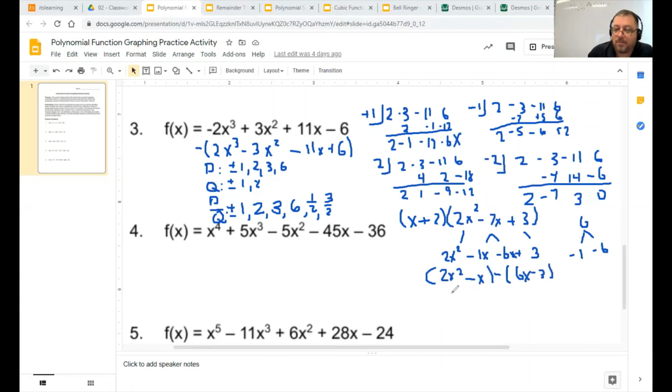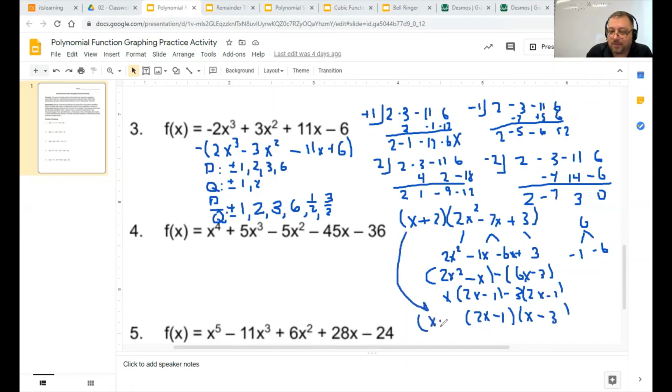Well, common here will be x, so this is x times 2x minus 1. Well, I can take a 3 out, so that's minus 3 times 2x minus 1. Put the 2x minus 1 on the front: 2x minus 1 times x minus 3. And I bring this first one back down, x plus 2. Okay, now I have my three factors, so now I can graph it.